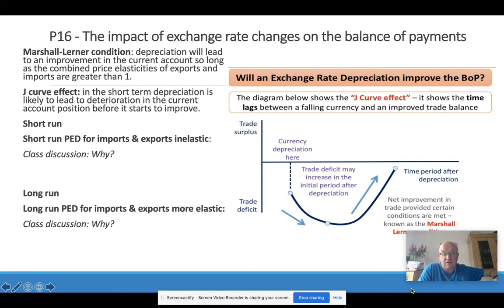So if the price falls, generally speaking, we're going to get higher demand. Okay, so in this instance, if the government decides to depreciate a currency, that is going to mean that imports are more expensive. So import volumes would fall, and on the basis of that, that would clearly be a good thing for the balance of payments.